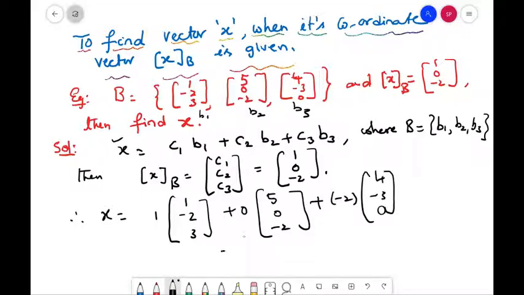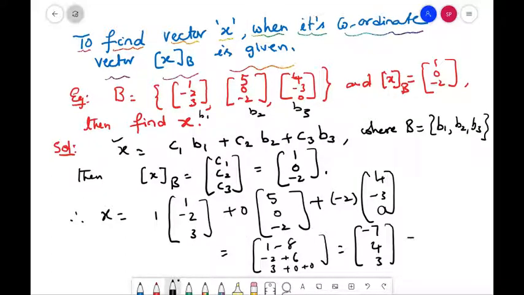On simplifying this, you will get 1 minus 8, minus 2 plus 6, and then 3 plus 0, 0 plus 0, whatever it is. This you will get the vector minus 7, 4, 3. This is what x is for you.